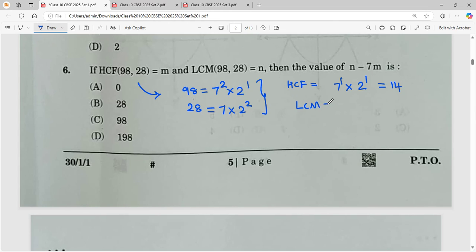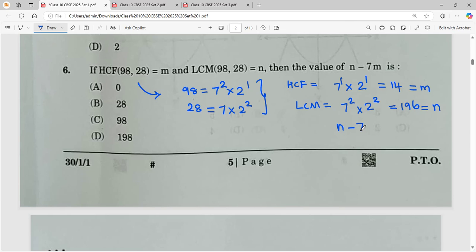The least common multiple will be the product of the highest powers of each prime number. The highest power of 7 is 2, and the highest power of 2 is 2. So 7 square is 49, and 49 into 4 is 196. So we have HCF M equal to 14 and N equal to 196.